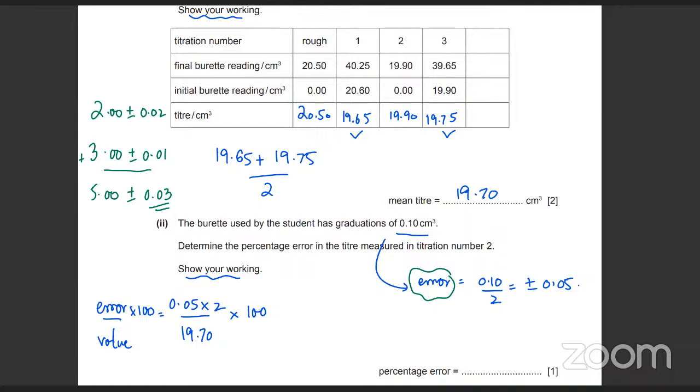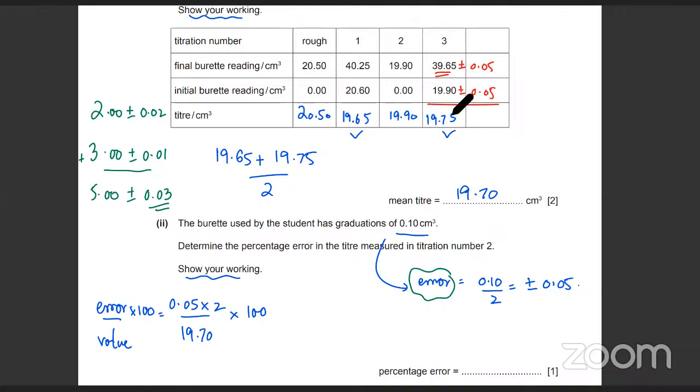Sir, multiplying it by 2, like if you multiply 0.05 by 2, that's like addition. But here it's subtraction, not addition. You said errors add up, so how are you relating this to that? No, whenever you subtract values, in this example this one had an error of plus minus 0.05 in this reading. What is the error in the other burette reading? That's also plus minus 0.05. How did you calculate the difference?